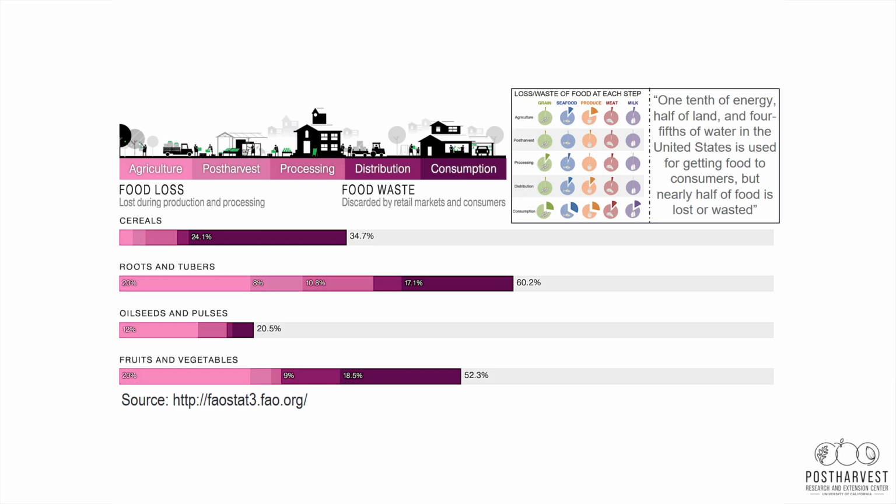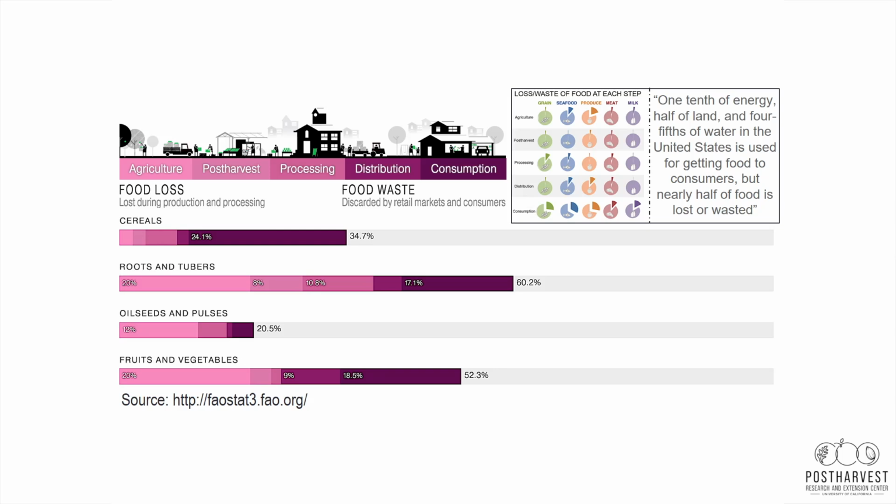And in developed countries, and this is a graph of the US, food loss is at the minimum. And why is that? It's because we have available technologies that help us take decisions and help us reduce the loss of produce. But food waste is exponential, so it's very, very large.